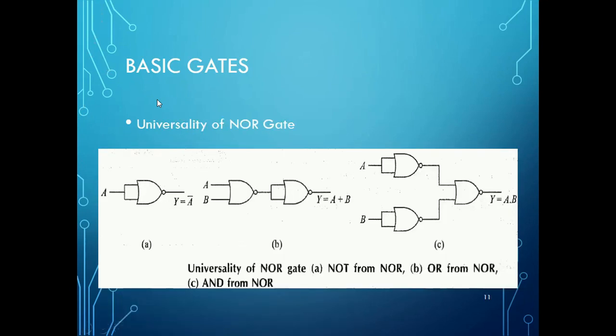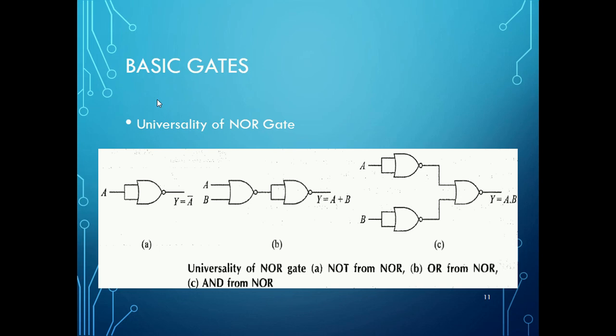So there are mainly two universal gates. They are NOR and NAND gate. So what is meant by universality? Universality means a NOT gate can be created using the NOR gate, or you can say an OR gate can be created using the NOR gate, and also an AND gate can be created using the NOR gate.